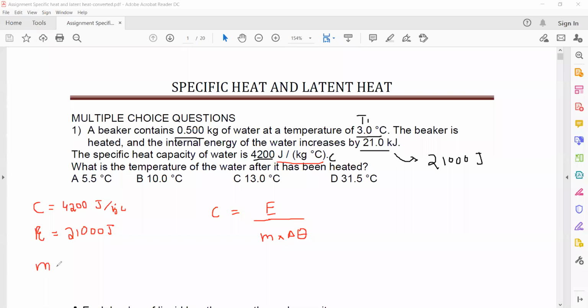Mass, it's 0.5 kilogram. So first we will find temperature change, and using the temperature change, we will find the final temperature. Because in the question, we don't need temperature change, we need a final temperature. As they ask, what is the temperature of the water after it has been heated?